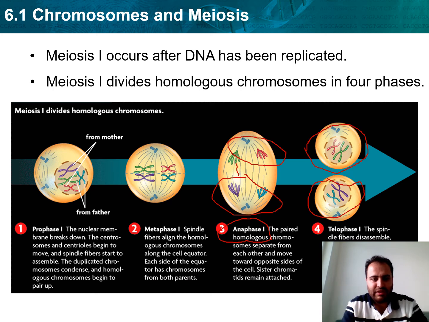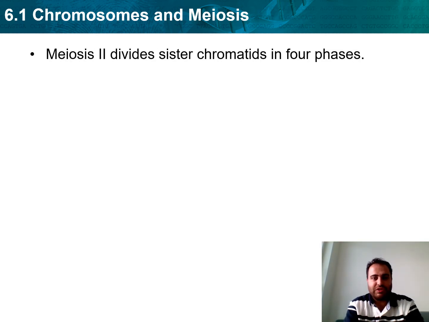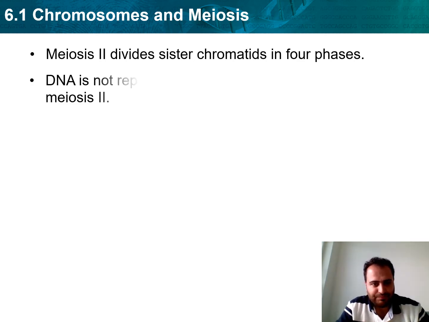We call it independent assortment. Now, there's something much more important, which is crossing over, and this is the reason why we have this wide variation in siblings, because sometimes you have some traits shared with your father, other traits shared with your mother. The reason is crossing over, and we'll be discussing crossing over in the next video or PowerPoint.